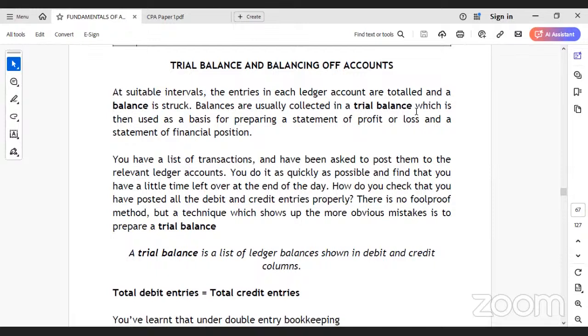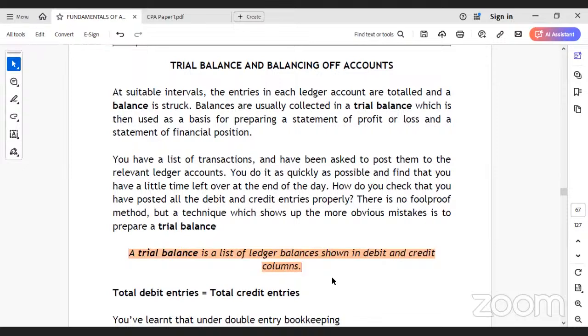When we talk about a trial balance, that is defined as a list of ledger balances shown in debit and credit columns. So I'll post the transactions quickly in the different ledger accounts, but these accounts are going to be balanced off.